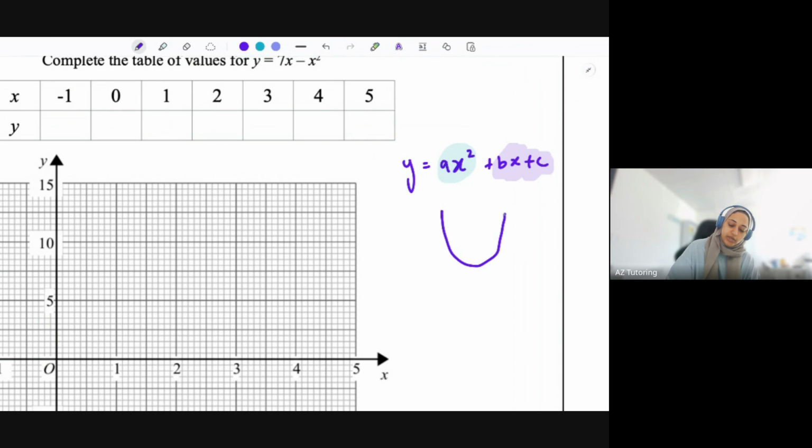It can be U-shaped or it can be N-shaped, and it's U-shaped if a is positive. So if the coefficient in front of the x squared is positive, it's a U-shape, so it looks a bit like a smiley face. If a was negative, like minus 2x squared, then it would be an N-shaped graph.